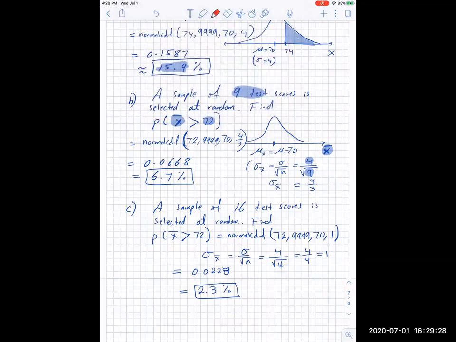So again, guys, notice every time the sample size changes, the standard deviation of the sample mean changes. It's dependent on the sample size. The center is still the same as the population, it doesn't change in any of them.